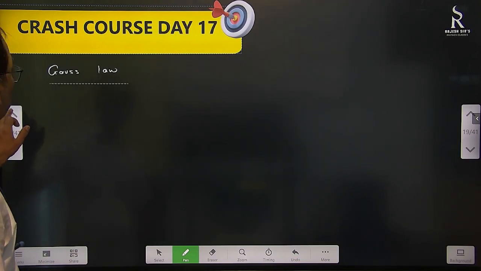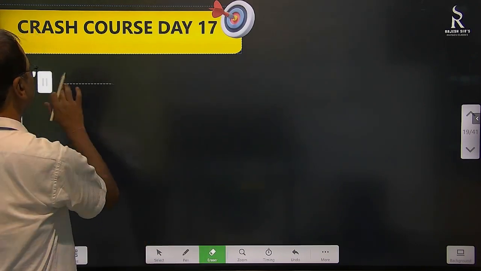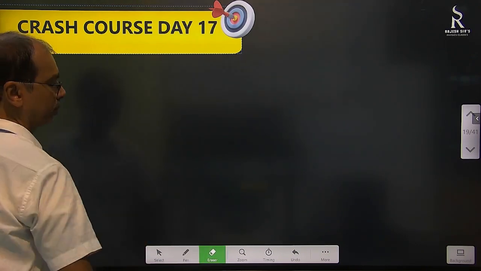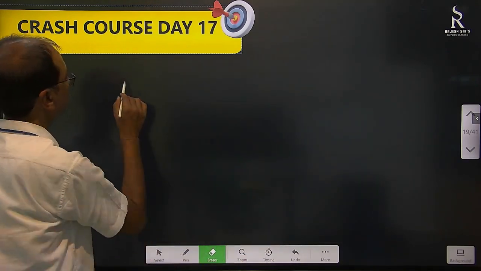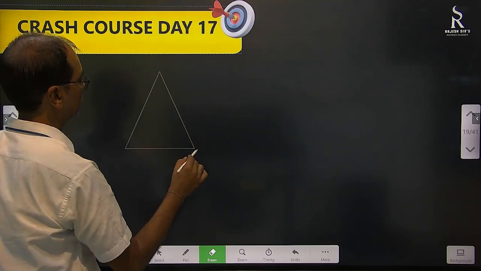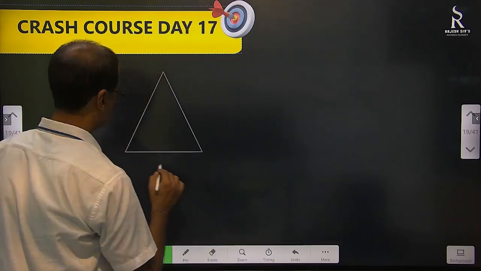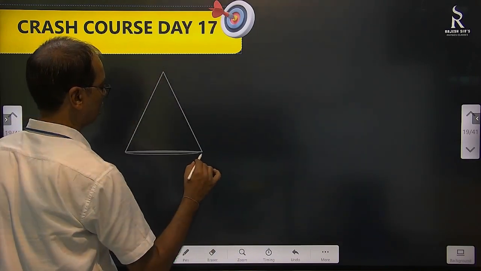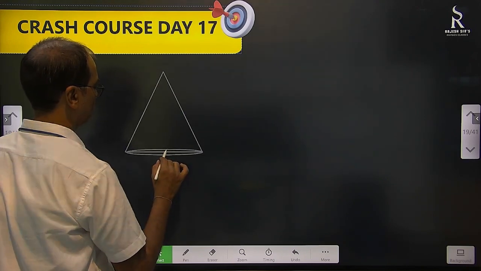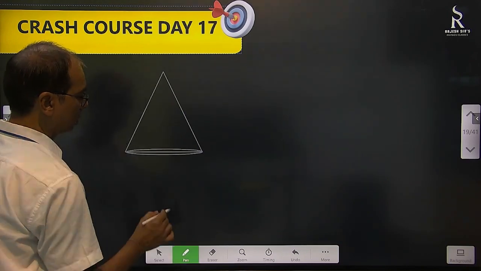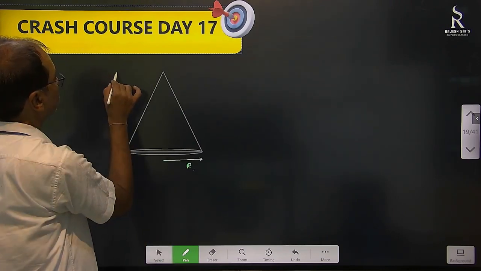Now, fine. Gauss law also we can push it back. So if suppose we have a cone, this is a cone, then make a cone over here. The radius is r and the height is h.